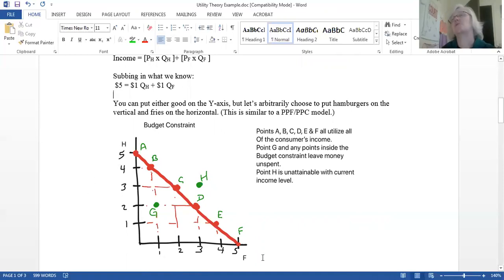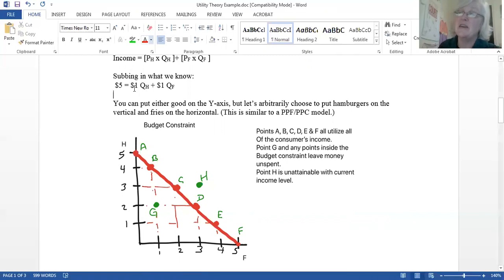It's what we do in economics, we graph, we love pictures. So I'm going to take my $5. If I were to spend my $5 all on hamburgers, and given that the price of hamburgers is $1, I could afford at the most 5 hamburgers and I would have 0 French fries. I would have spent all my $5 on hamburgers.